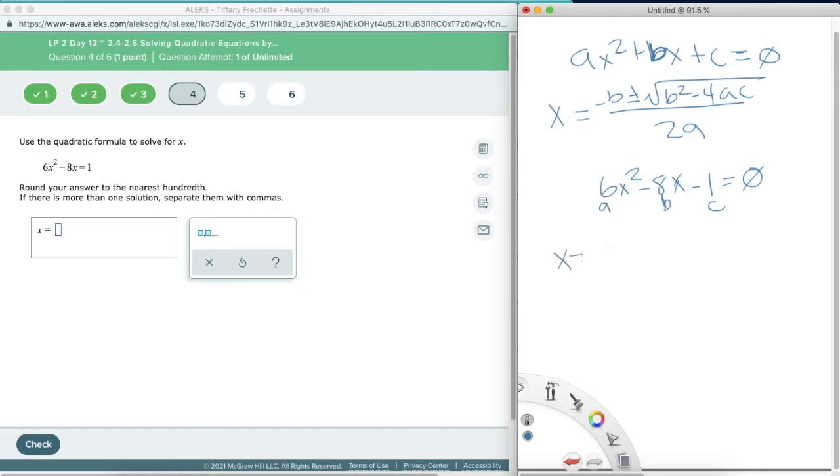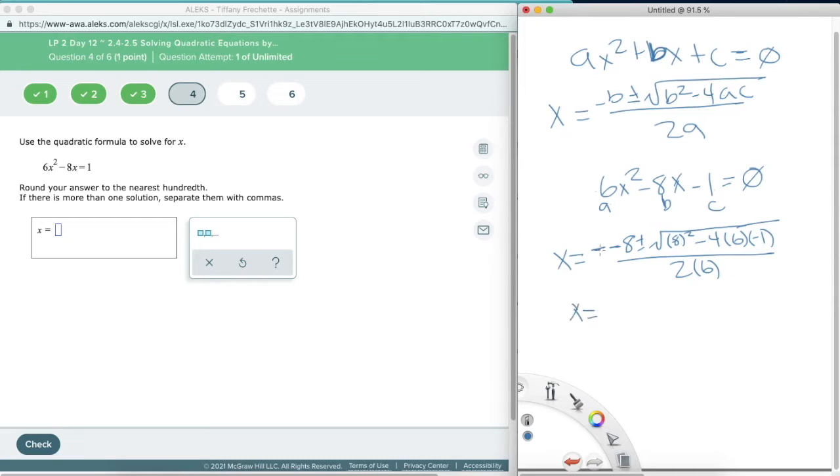So it's negative b, so negative negative 8, plus or minus the square root of b squared minus 4ac, over 2 times a. So again, I'm just filling in a whole lot of letters there. I know a whole lot of variables, but I'm filling them in, and now we have to go through and work them out here.